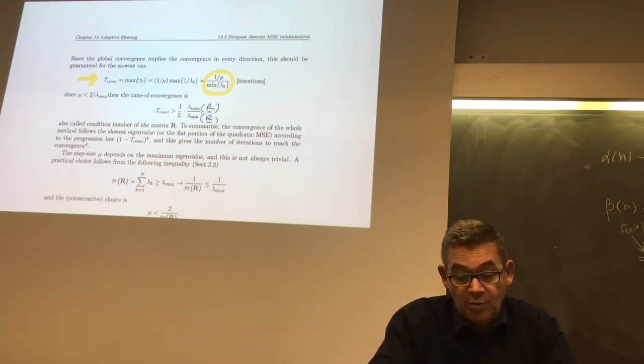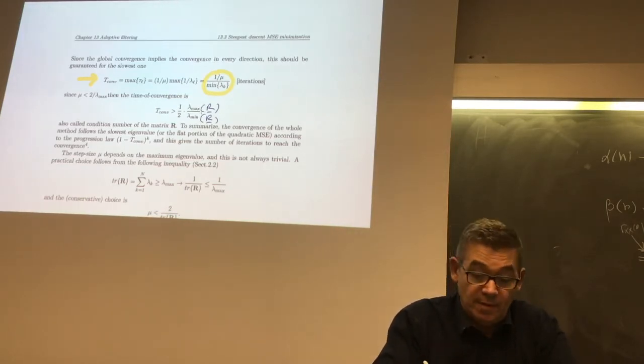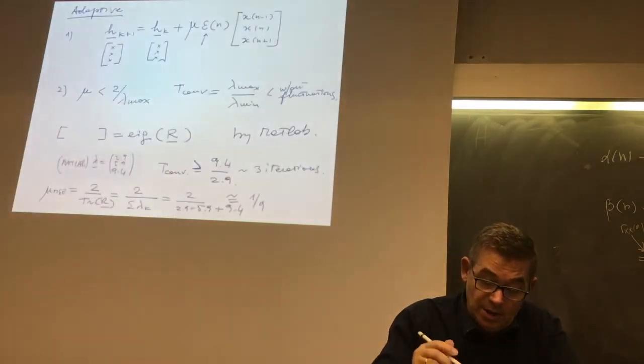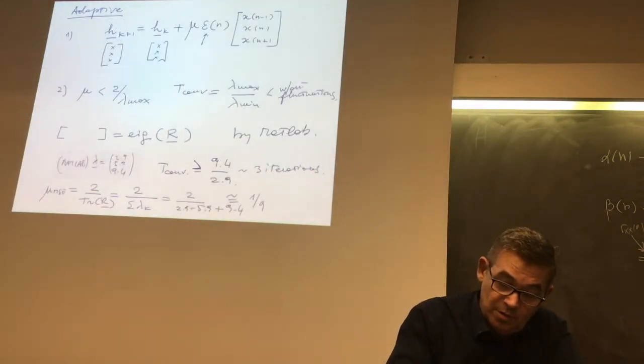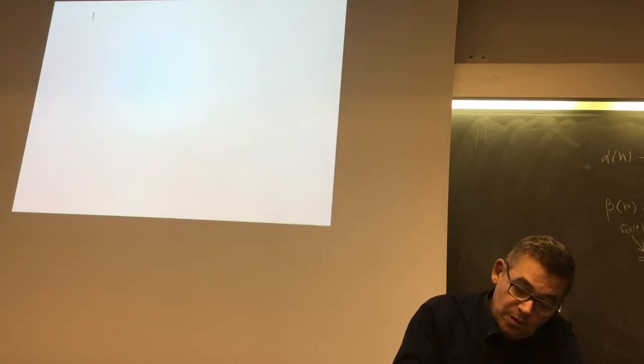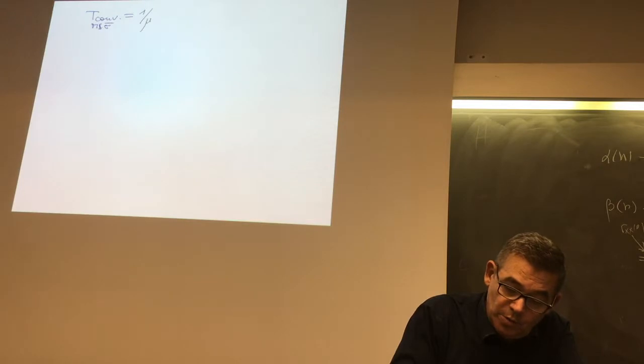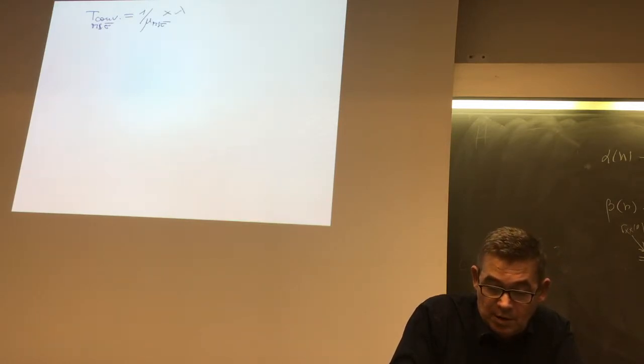So it's 1 over mu lambda min. So let's go there. And we have 1 over mu mean square times lambda min.